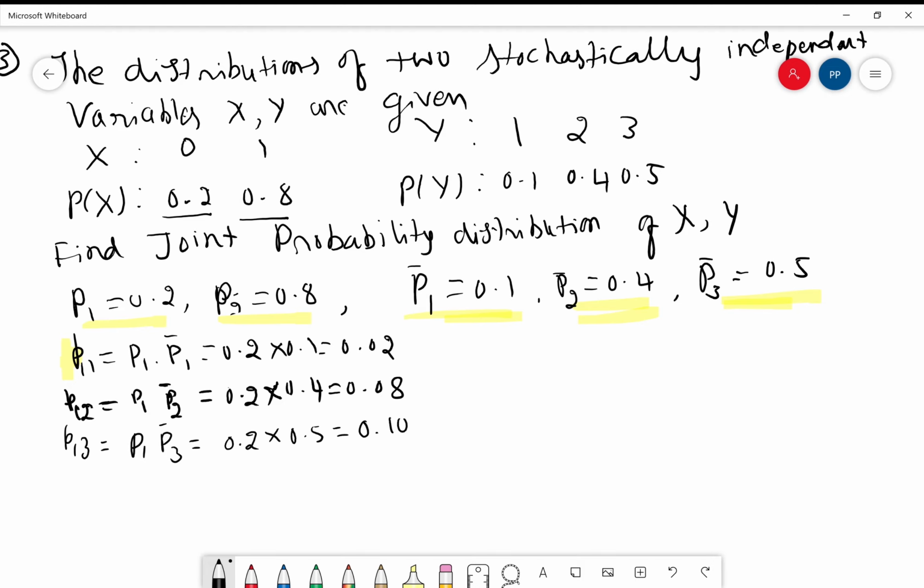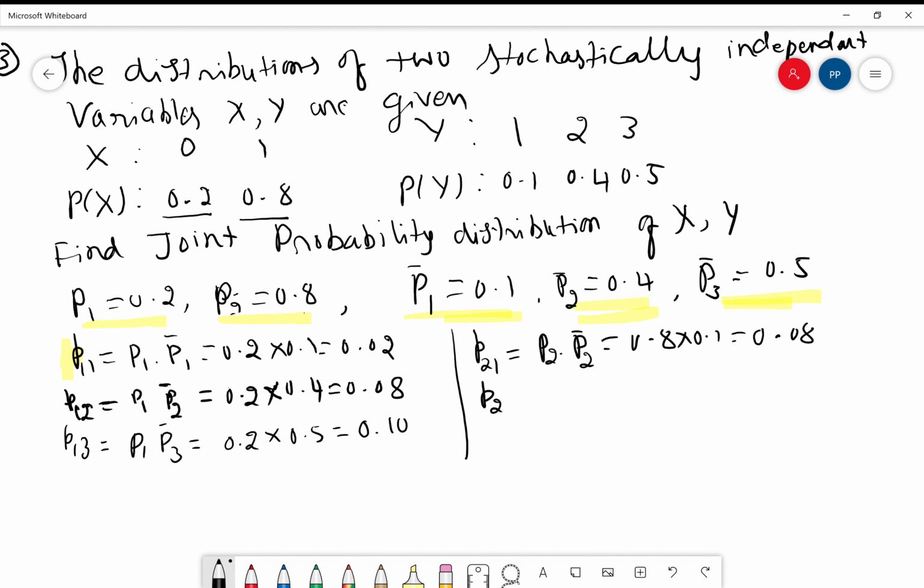Next we multiply with all these values, which will give you P21, which equals P2 into P1 bar, which is 0.8 into 0.1, which is 0.08.